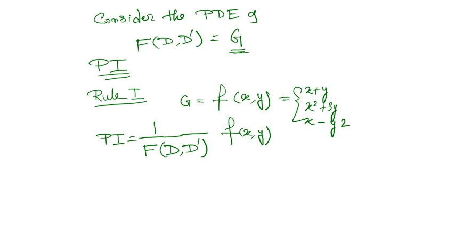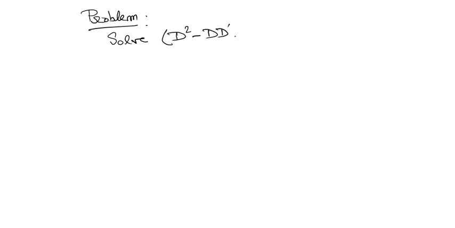So let us consider a problem as: solve D square minus D D dash minus 2 D dash square into z equal to 2x plus 3y. So this is the problem.